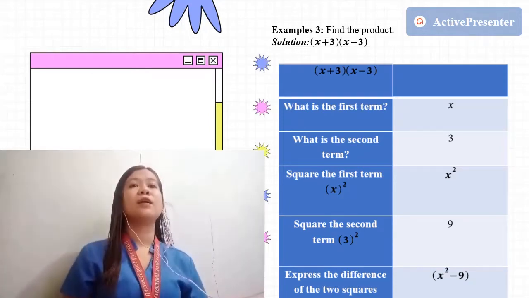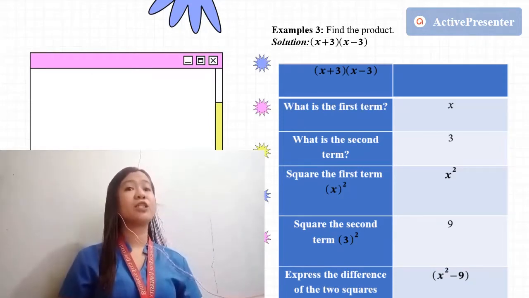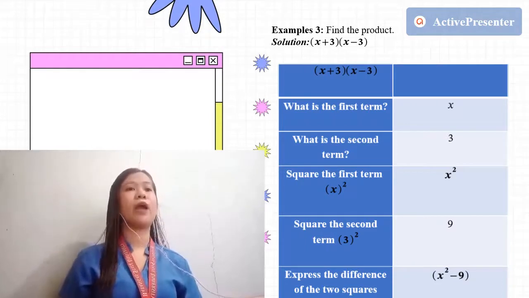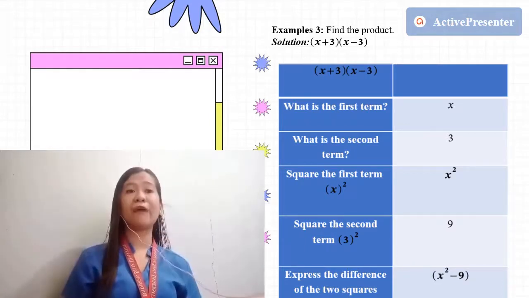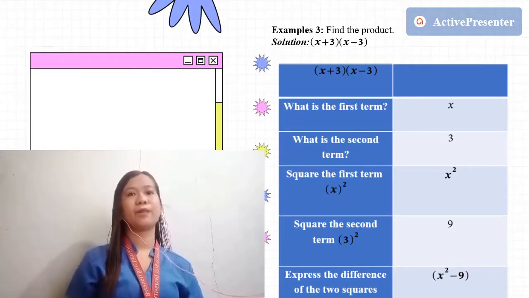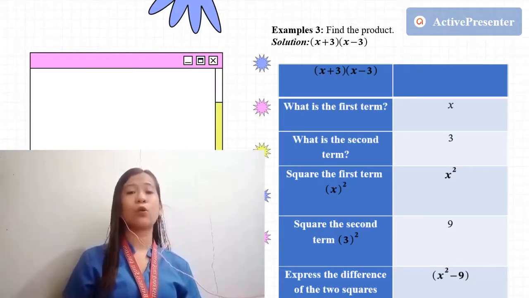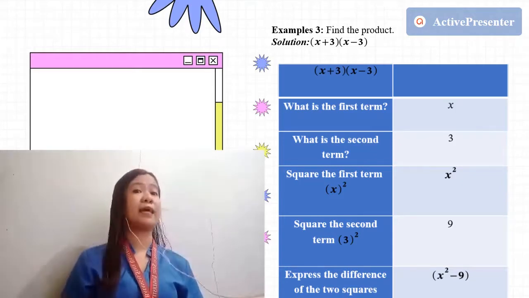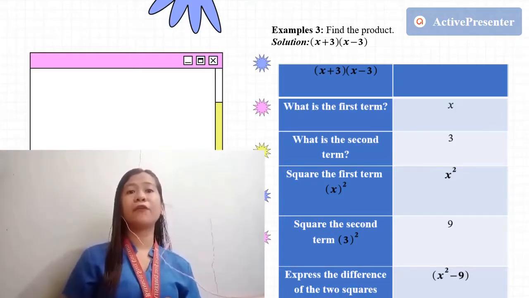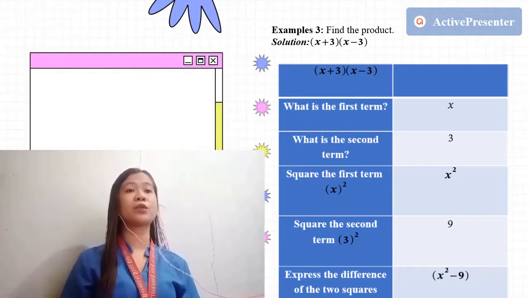So let us get the square of the first term, so we have x squared. The square of the second term, we have 9, because 3 squared is 9. Then we can express this as a difference of two squares: x squared minus 9.